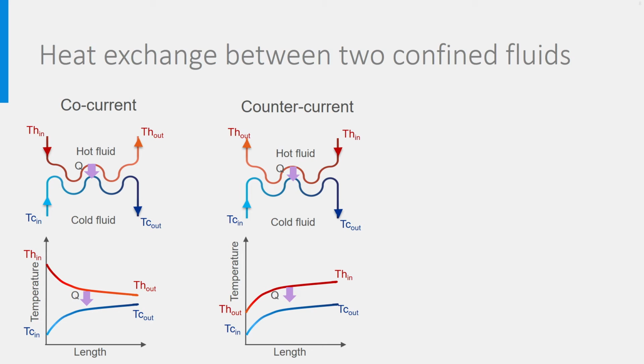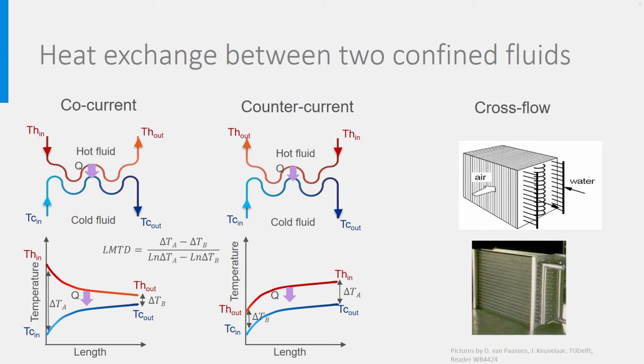By the way, in these configurations, the log mean temperature difference must be calculated using this formula. Crossflow is also possible. You see here an air-water heat exchanger in which the air flows through plates perpendicular to a water pipe. There are many different designs of heat exchangers, all aimed at exchanging as much as possible heat with as small as possible heat exchanger and as low as possible costs.